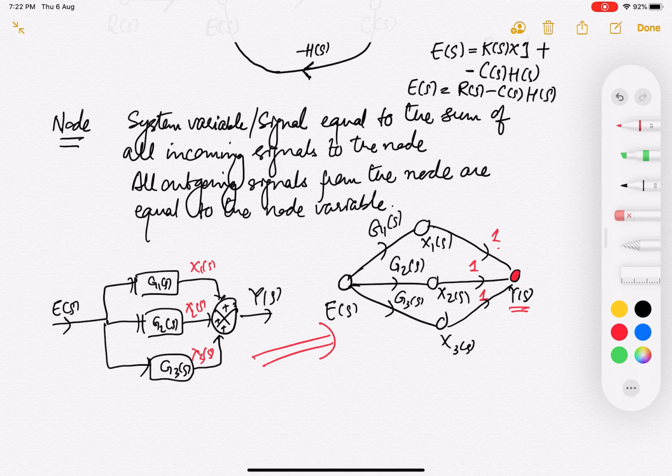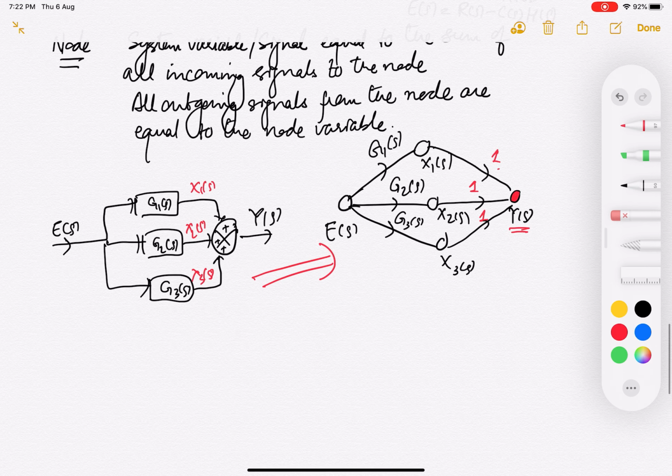This is the definition of a node. The other definition is that of a branch.